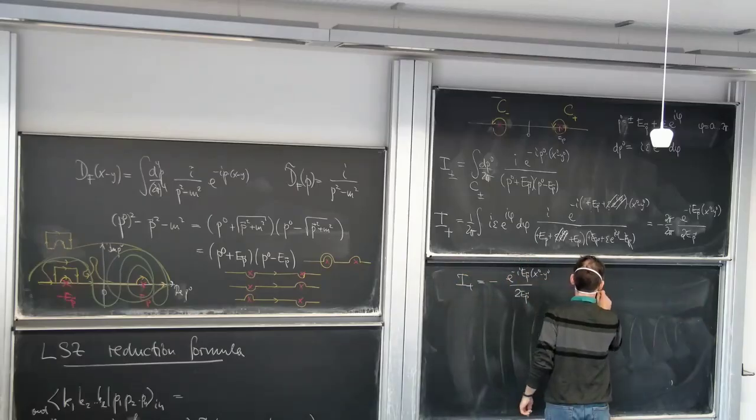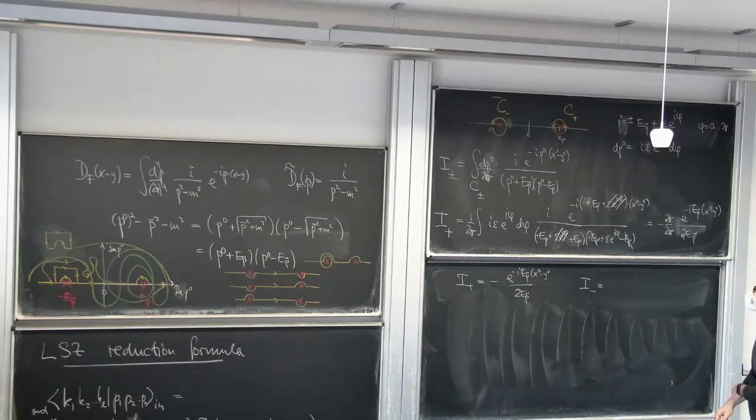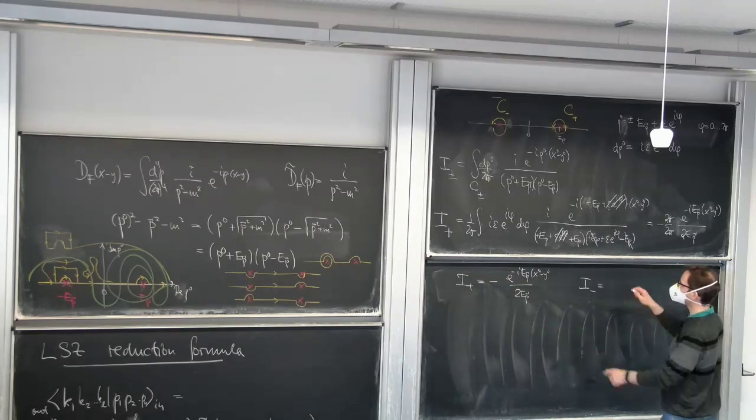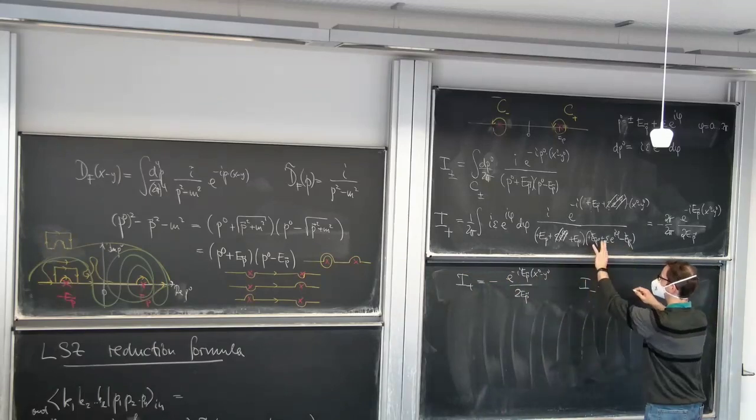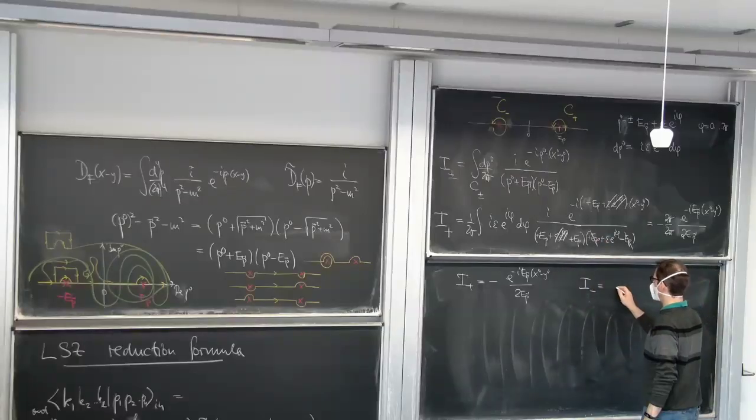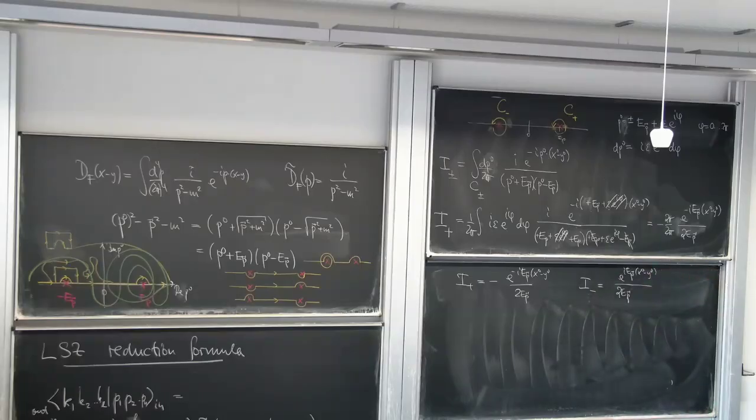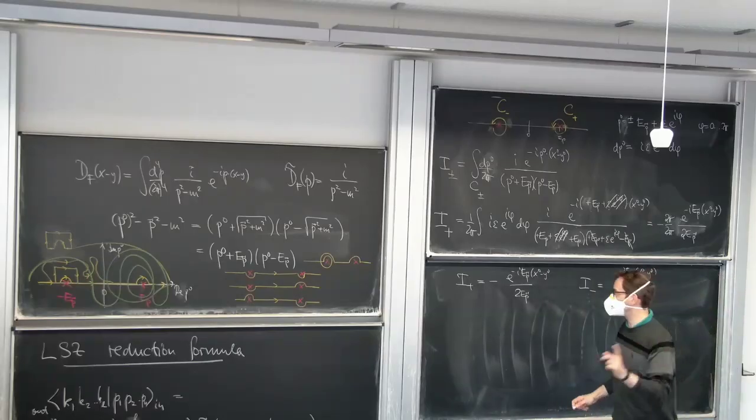And the i minus, the other one, would have a minus sign down there. It'll be plus e to the i p (x0 minus y0) over 2 Ep. You won't believe it. What is this? Well, let's add the three-dimensional ones.